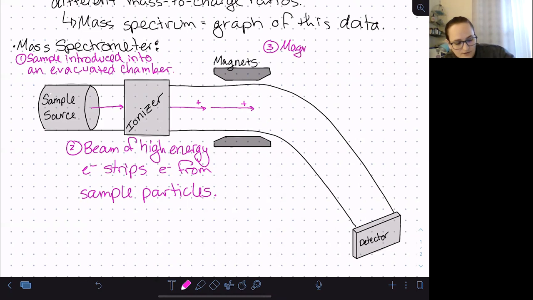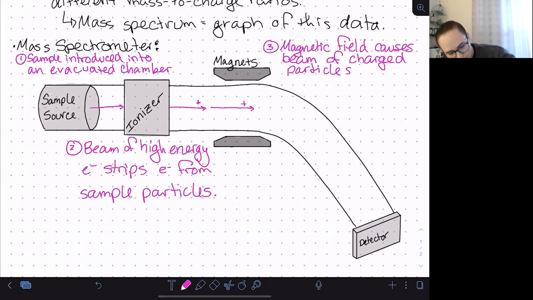So the magnetic field causes our beam of charged particles to curve. And the amount of the curve is related to the mass to charge ratio, like how much it's deflected by.